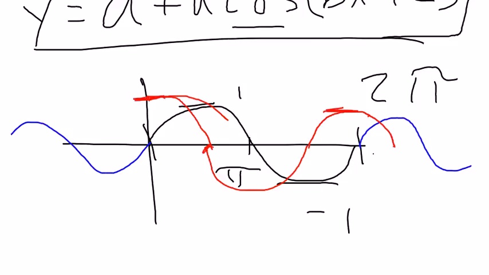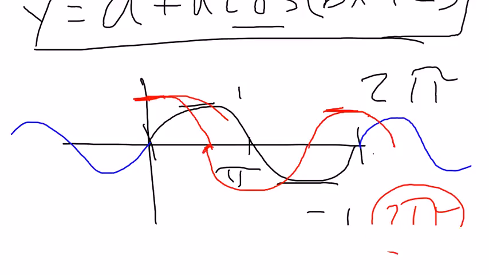It's much easier to see this in your book on page 320. If you look on page 320, you'll see both of these functions, but the point I'm trying to get with this first illustration is they both have a period of 2 pi. They both make one full wavelength in 2 pi.